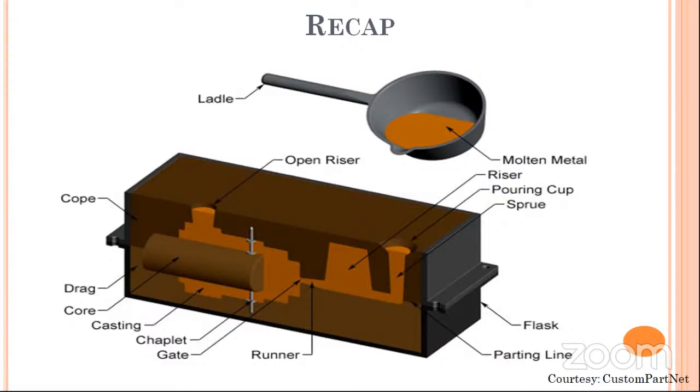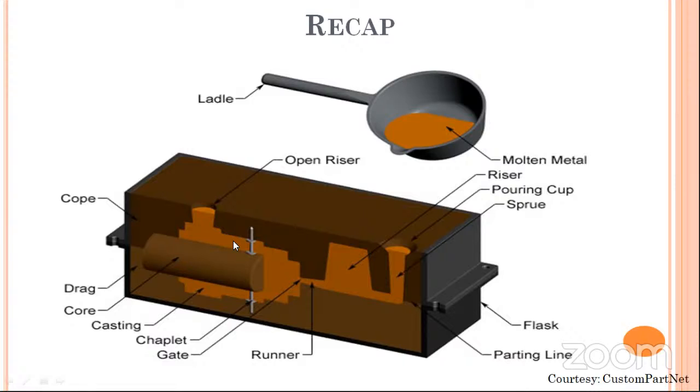That space has to be filled again by the molten metal. Now I am saying that the filling is done by the riser. So the molten metal present in the riser will flow back into the mold cavity and compensate the shrinkage.